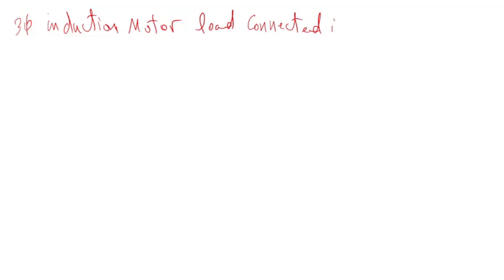So let's assume we have a three-phase induction motor load connected in delta, operating at an efficiency of 75%.